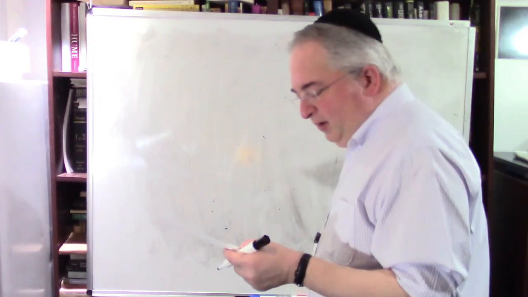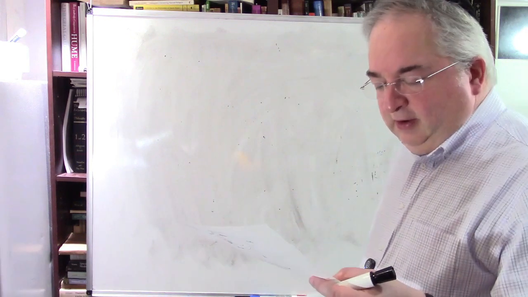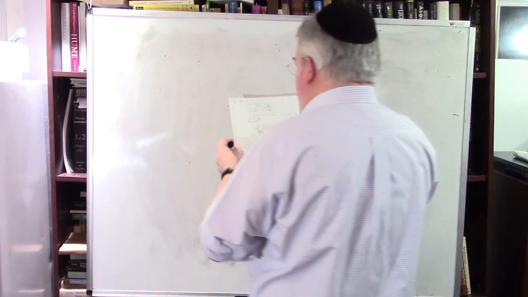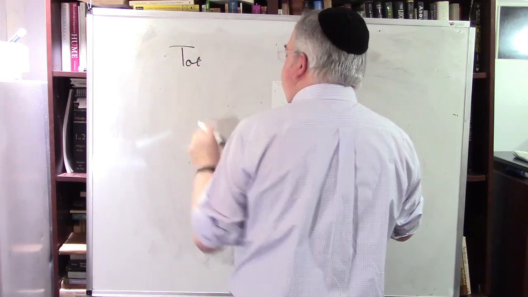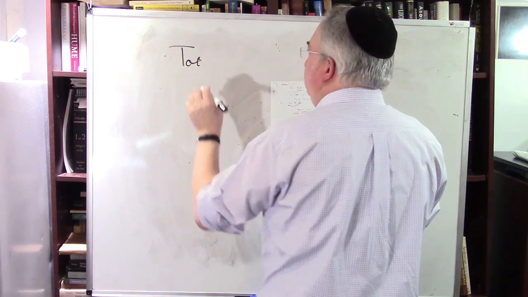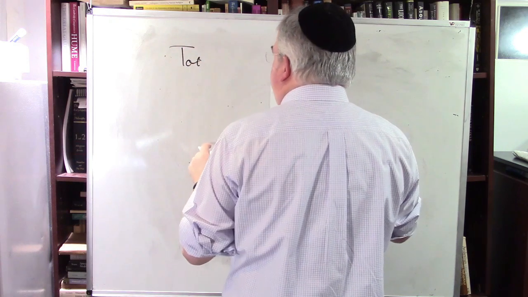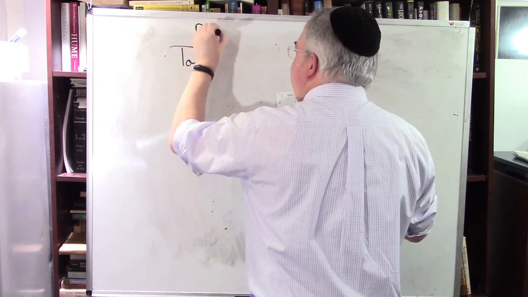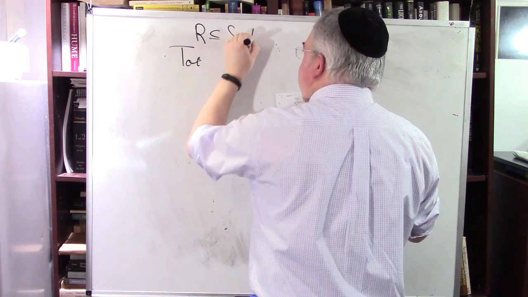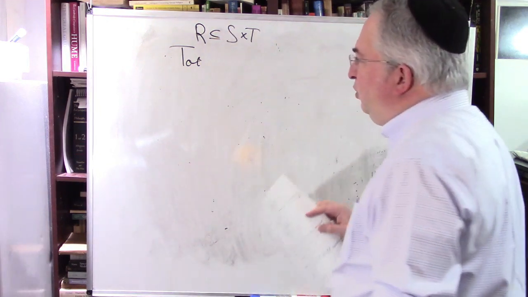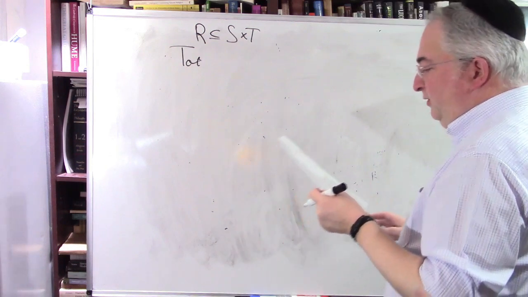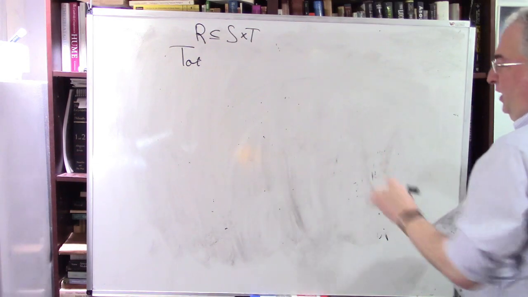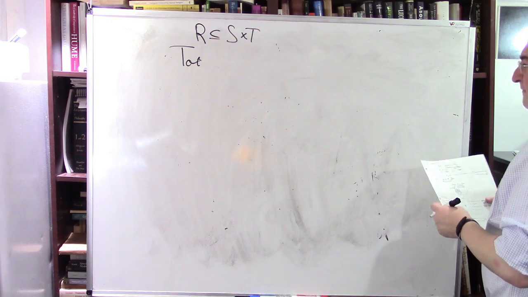Okay, so I'm now going to talk about four properties of relations. One is called total valued. Let's back up for a second and remember what we're talking about. We have R is a subset of S cross T, and I want to tell you when R is a total valued relation, etc. While I'm doing that, I want to show you a Venn diagram.